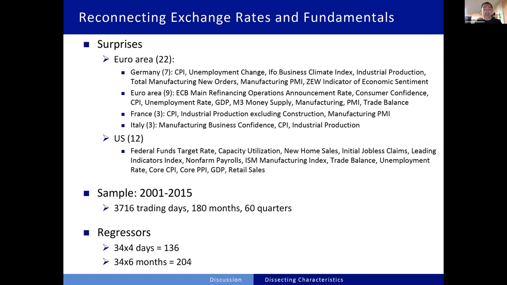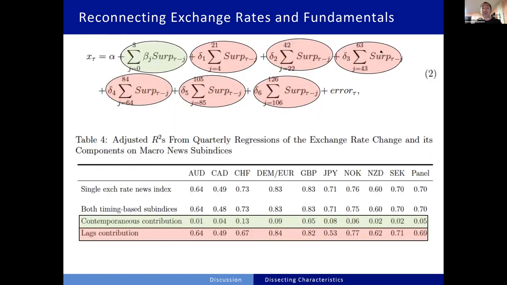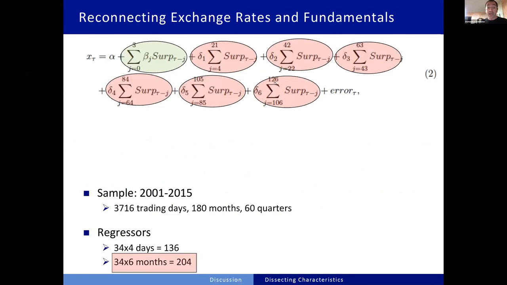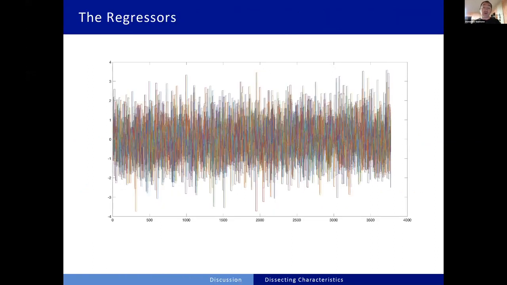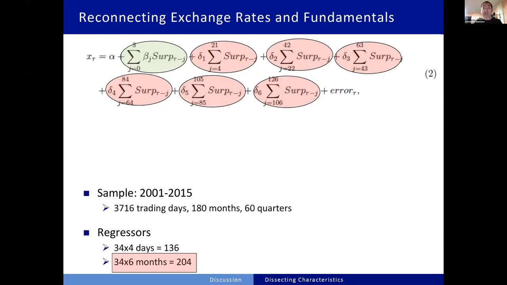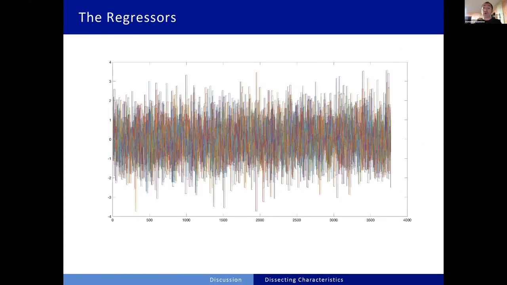Now, interestingly, these regressors here are sort of 6 months when you go and count the regressors here. Because if you go and zoom in and look at how the regressors look like, what happens here is that, since surprises are released discretely every month, it's true that the sample is daily, but when you go and compute these averages, this is the way the data set looks like.